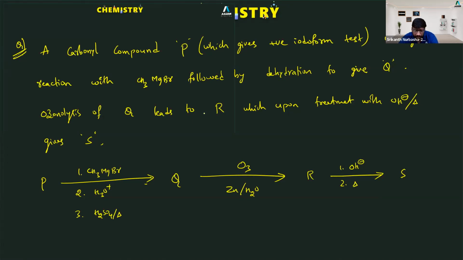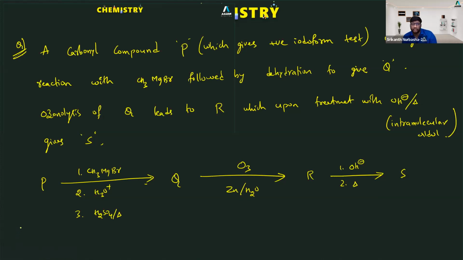You have done the ozonolysis and you are getting R. R will be dicarbonyl generally. Yes or no? If you do ozonolysis, yeah, dicarbonyl. Here they are talking about intramolecular aldol. Okay, intramolecular aldol.